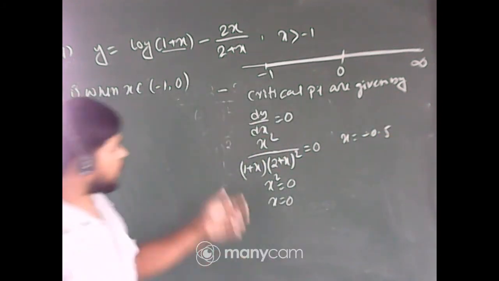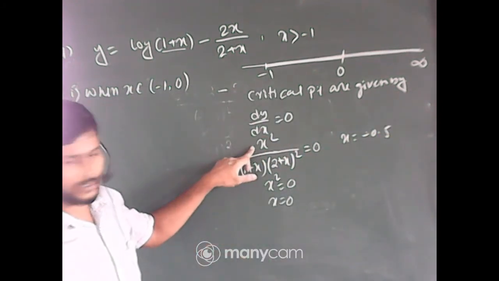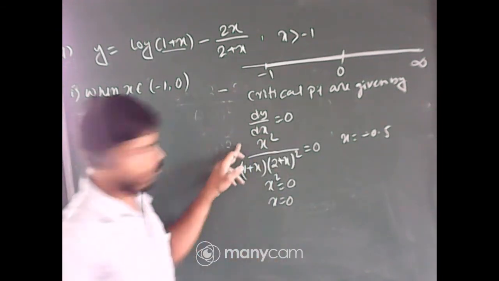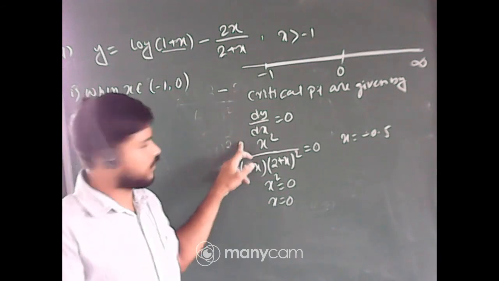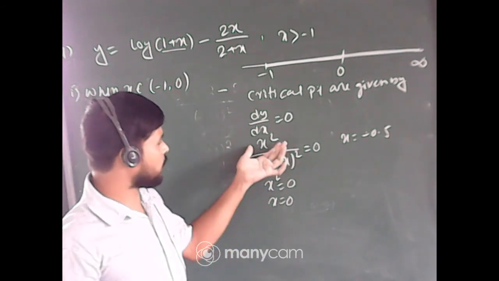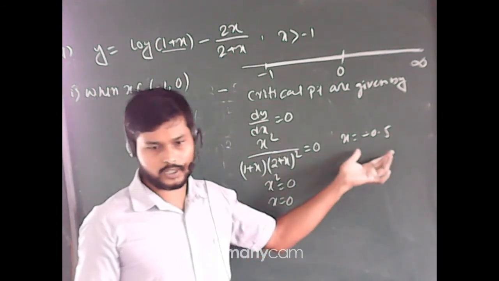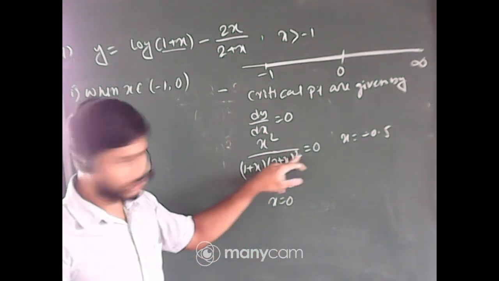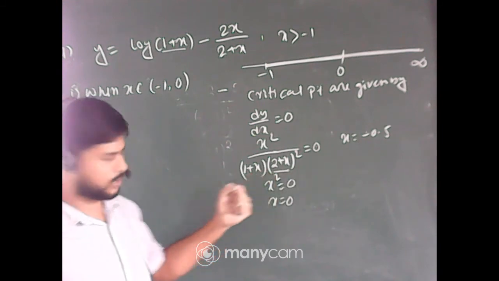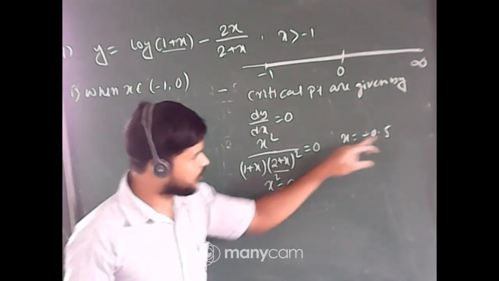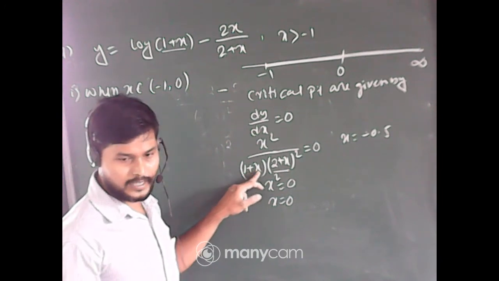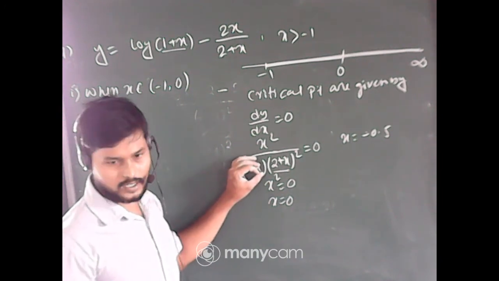Now if I put x equal to -0.5 here, look, this term x square, whatever the value of x, positive or negative, if I make it square, the result will always be positive. And (2 plus x) whole square is also positive. Now if I put x equal to -0.5, 1 minus 0.5 is also greater than 0.